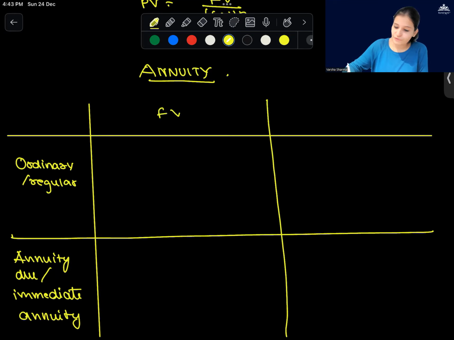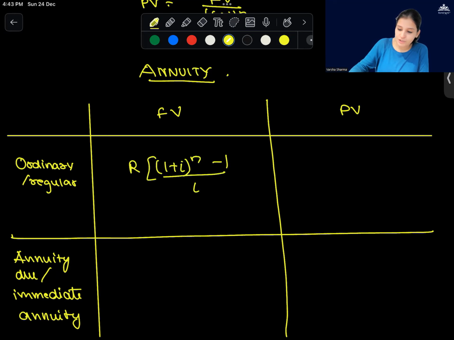We have 2 formulas for future value in both the cases, and for present value in both the cases. First formula: R into (1 plus i upon n) to the power n, minus 1, upon i. And for annuity due, just multiply one more factor.